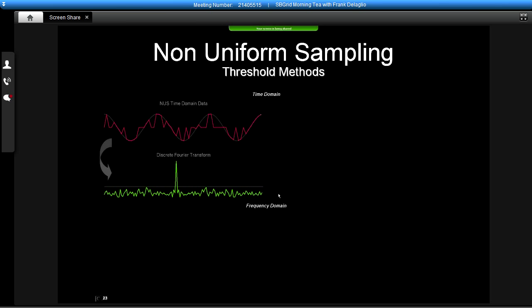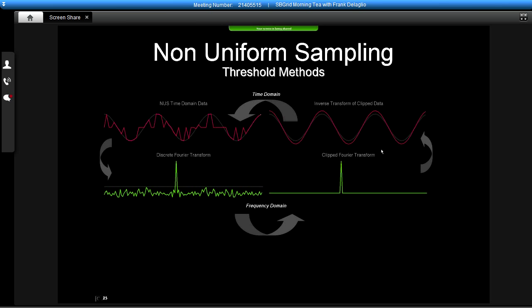So if we choose a threshold, well, one thing we can do is just ignorantly clip everything below that threshold to generate a spectrum like this one. And why would we do that? Well, if we take a spectrum like this one and inverse Fourier transform it, we get a result that looks like this.